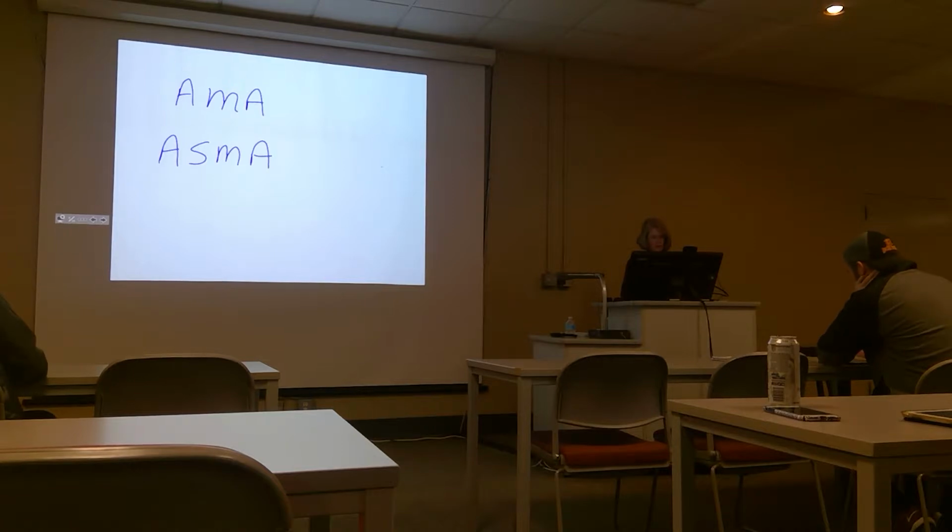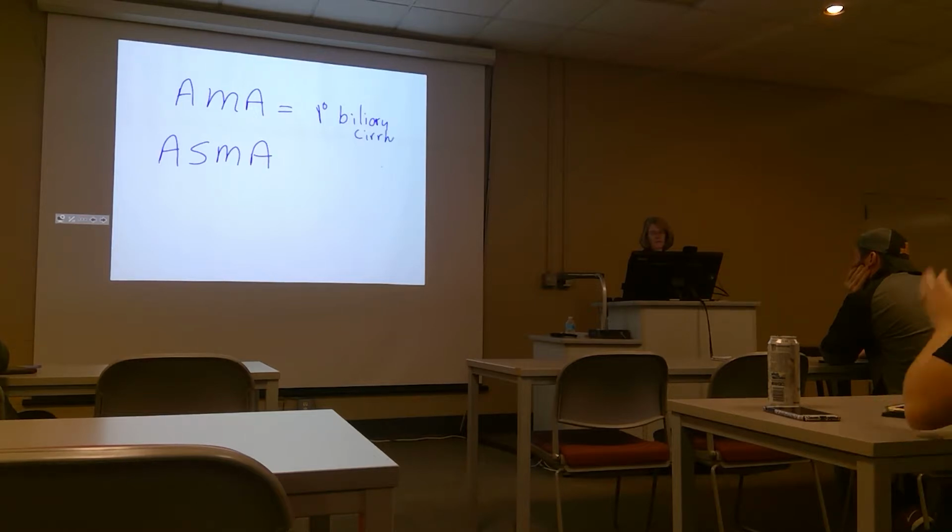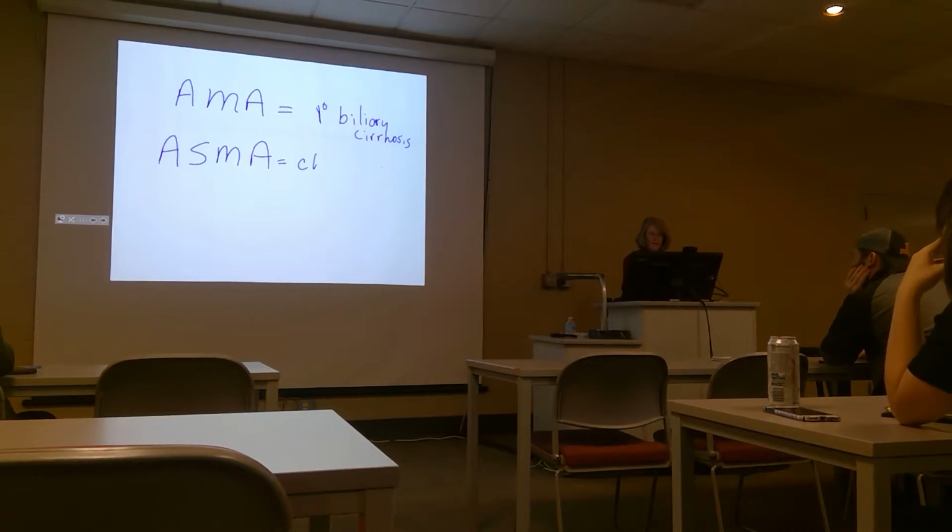So these are autoantibodies that you make, and they kind of go with 2 liver diseases. The anti-mitochondrial antibodies go with something called primary biliary cirrhosis. And anti-smooth muscle antibodies go with chronic active hepatitis.